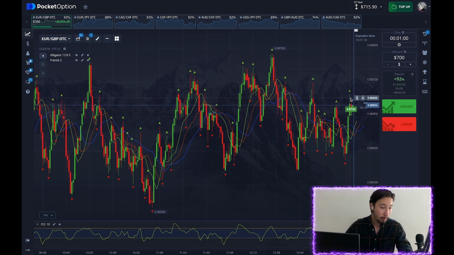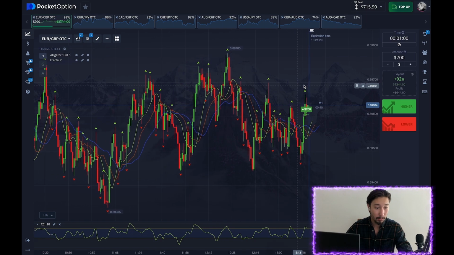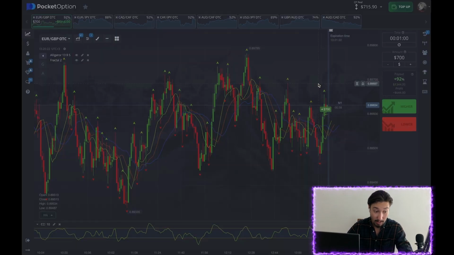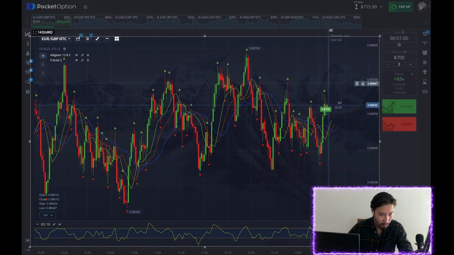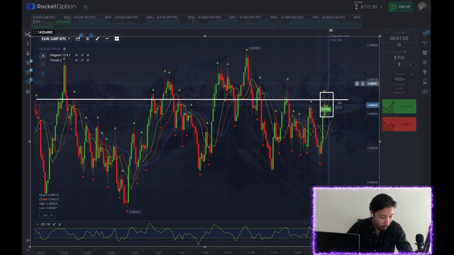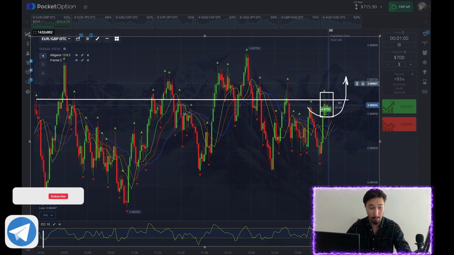Here we see that the breakout has occurred. A local minimum has formed at several levels above and after this rollback. Here I already waited for a better impulse to move downwards. Here we also had a breakout, and this suggests that most likely my price will go further up.